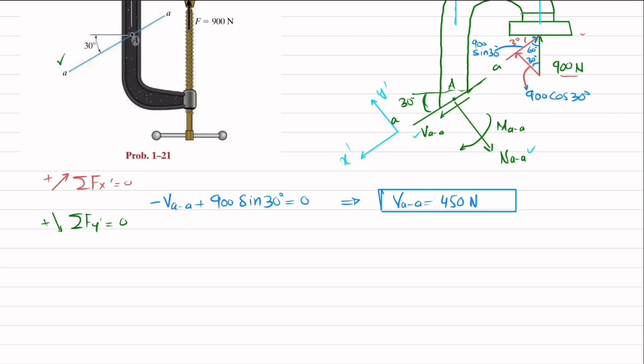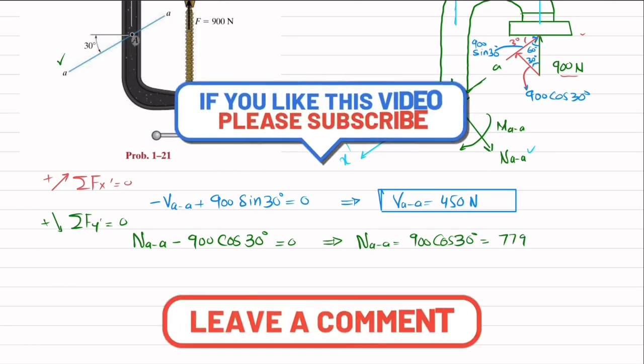So their sum must be equal to 0. So I will write NAA minus 900 into cos of 30 degree is equal to 0. So from here NAA will be equal to 900 into cos of 30 degree, and that will be equal to 779 Newton.